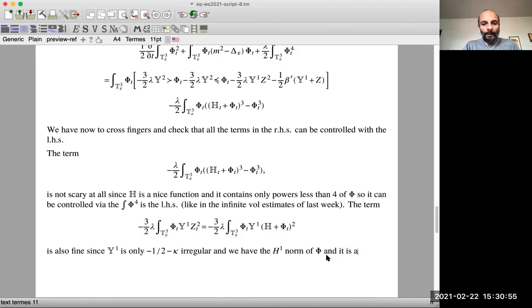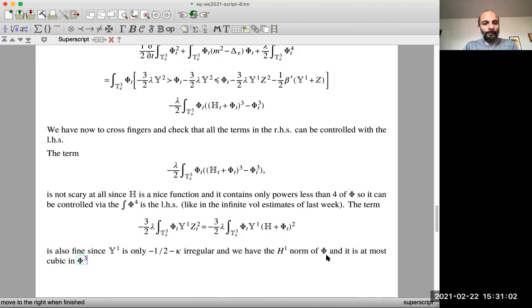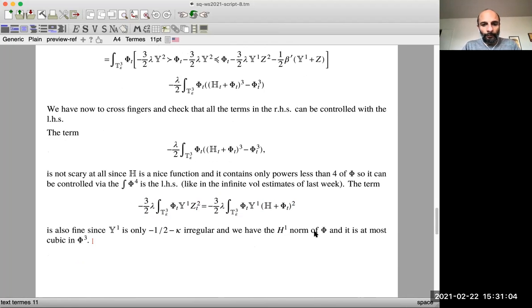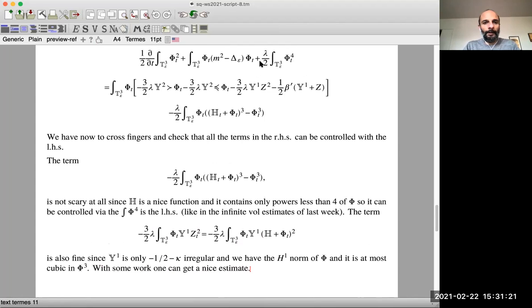It is at most cubic in phi. So crossing fingers, it should work. You need just a bit of the H1 norm, and with some work one can get a nice estimate. What is a nice estimate? An estimate which only depends on the things you have on the right-hand side.